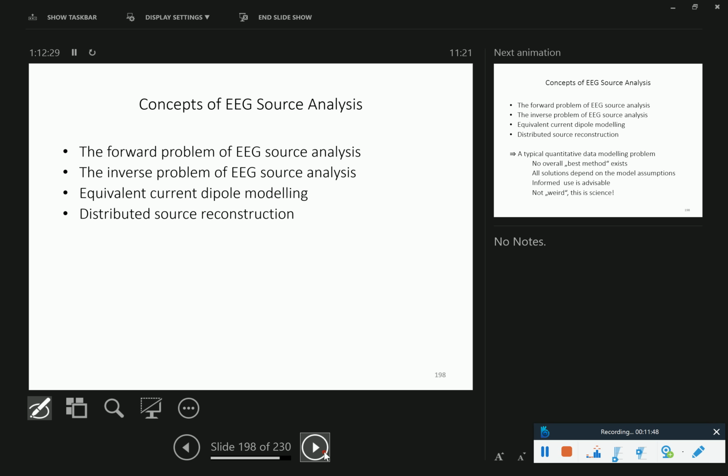So one thing is, of course, that if you do simulations, you ideally want your reconstruction method to be error-free in simulation, so that you can recover what you simulated. Although this creates a lot of work, especially if you think about doing this through the whole brain, then you have many simulations to do.